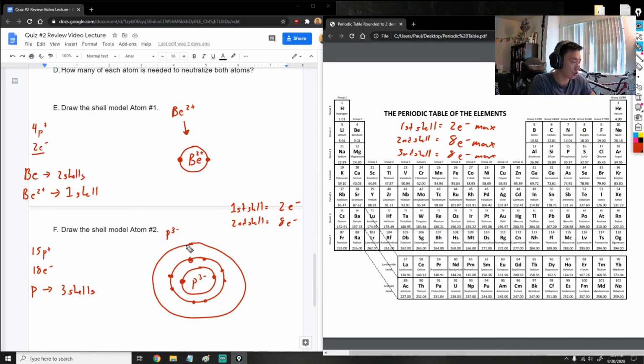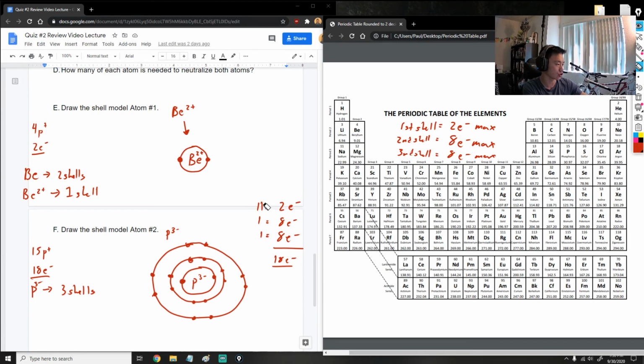And for the third shell, we draw 1, 2, 3, 4, 5, 6, 7, 8. We drew 8 electrons. Just to add it all up to make sure we used up all our electrons, we have 2 plus 8, 10. 10 plus 8 is 18, and this number is the same as this number, so we're good to go. We drew all our electrons. And so we've drawn P3 minus. P3 minus also has 3 shells, and it looks something like this.